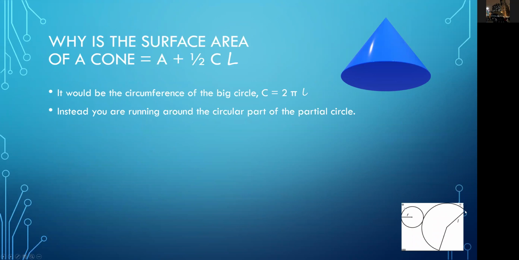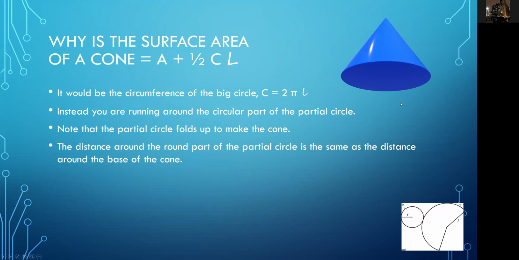We need to figure out how far that is. But think about if we folded this back up, it would fold up to make the cone. So the distance around the round part of the partial circle is going to be the same as the distance around the base of the cone.